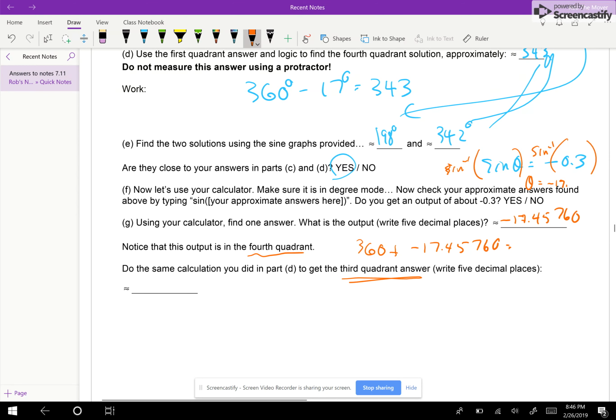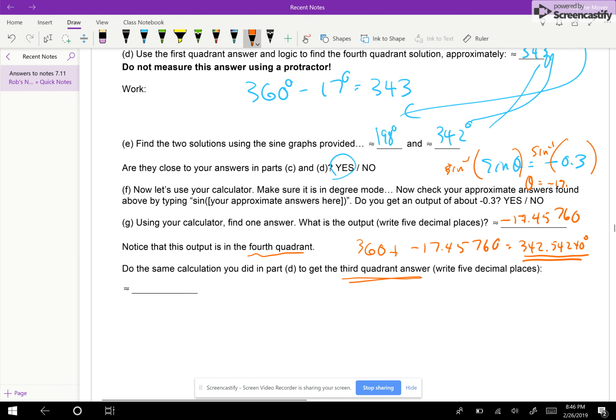I add the negative 17 point something to 360, and I get 342 point something. If I round that to 5 decimal places, 342.54239. So that's my angle in the 4th quadrant.